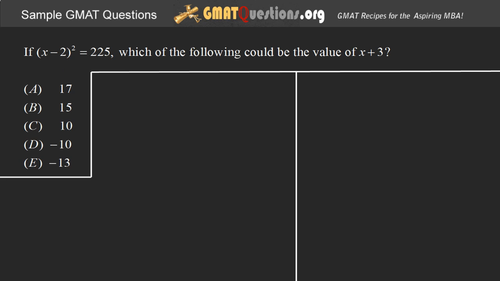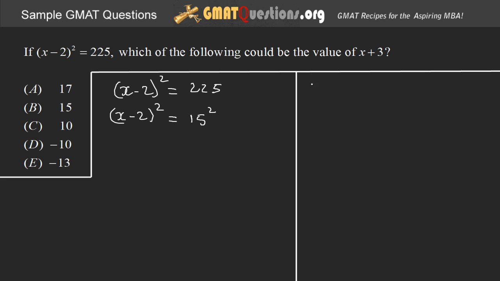Another method is to say that once we have (x minus 2) squared equal to 225, we rewrite what we did before: (x minus 2) squared equal 15 squared.